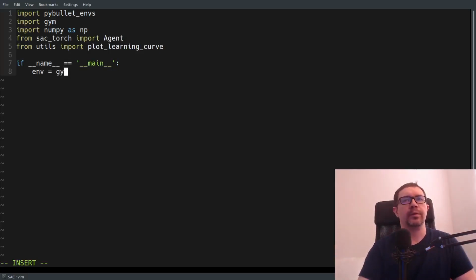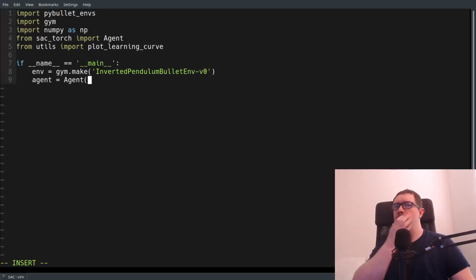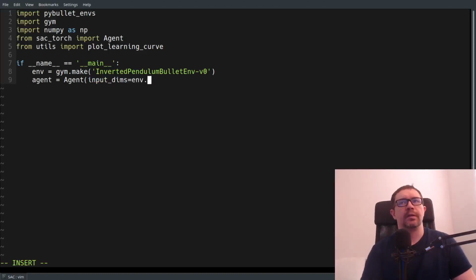So our environment will be gym.make inverted pendulum bullet environment v0. Our agent. So we already have the strong defaults for our alpha, beta, reward scale. We need our input dimensions, and that is env.observation space.shape.